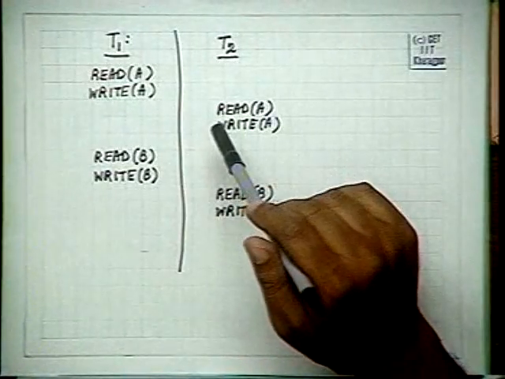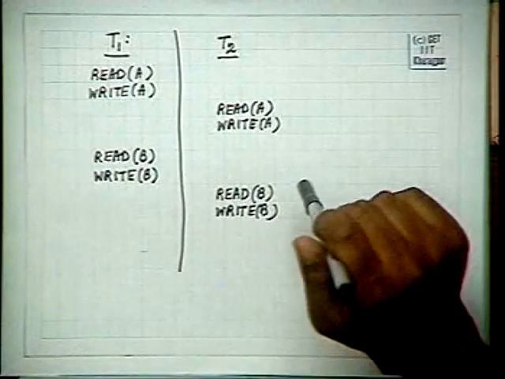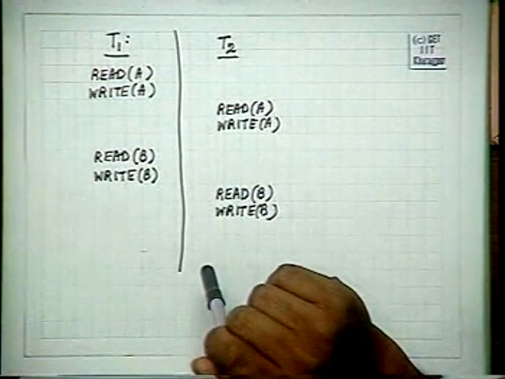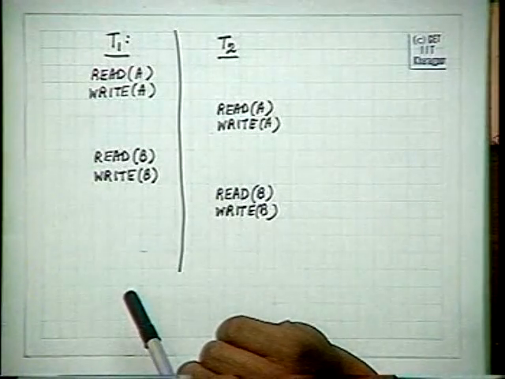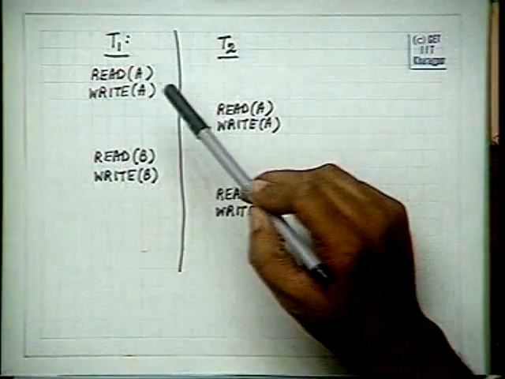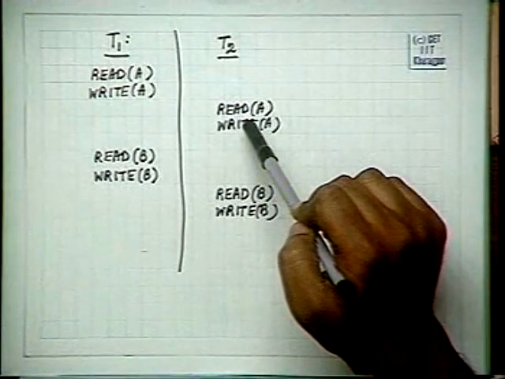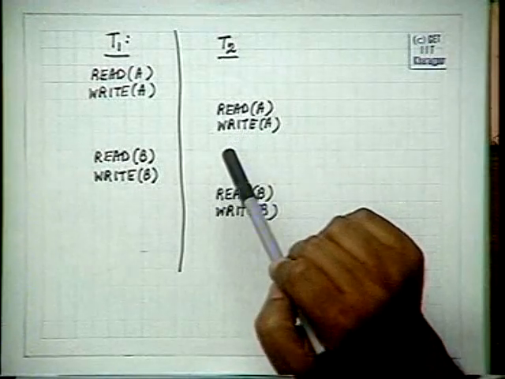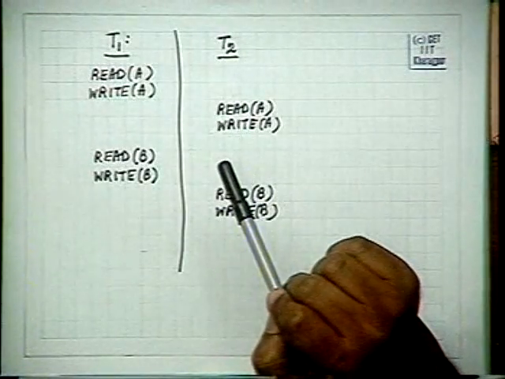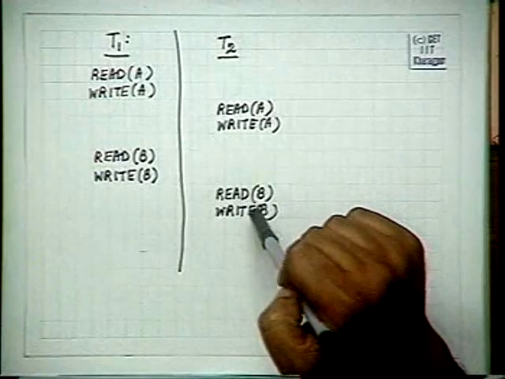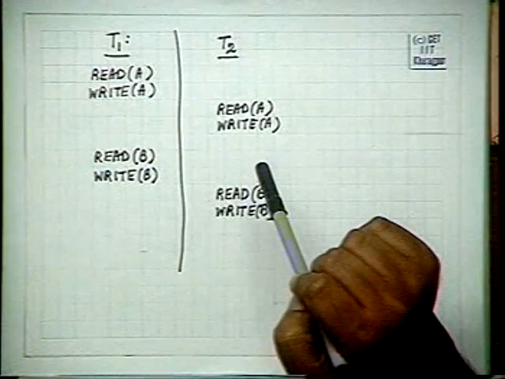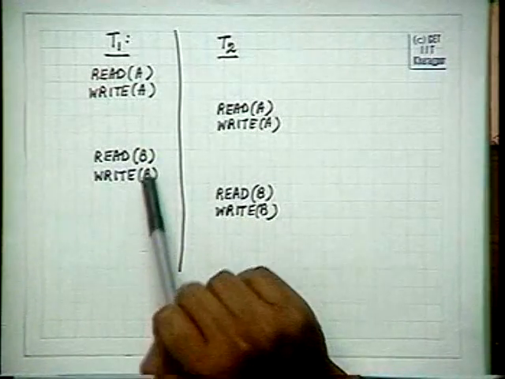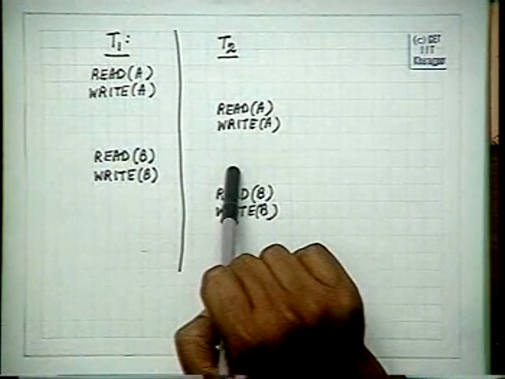Now, by such swapping of statements from one schedule, we may reach another equivalent schedule, and we say that these two schedules are conflict equivalent. And a schedule is said to be conflict serializable if it is conflict equivalent to a serial schedule. Now, in this particular case which we saw yesterday, this read B can be moved right up here and this write B can also be moved up above these two.